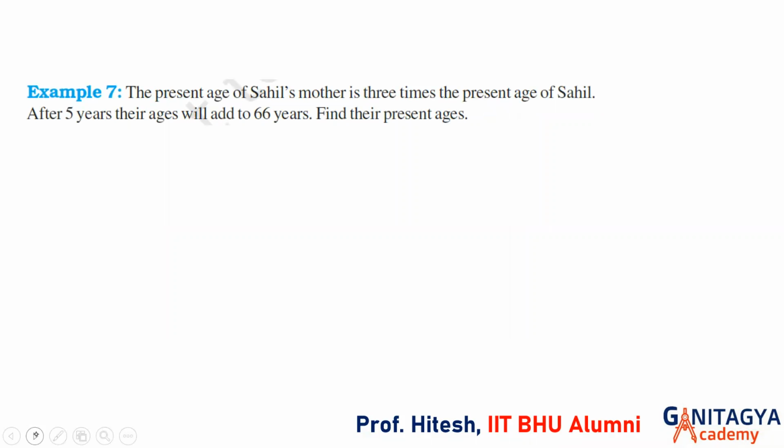So the next question is, the present age of Sahil's mother is 3 times the present age of Sahil. Okay, number 1. So this is present age. Let Sahil's present age be X years.